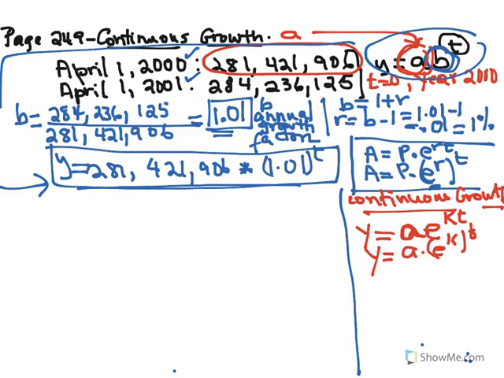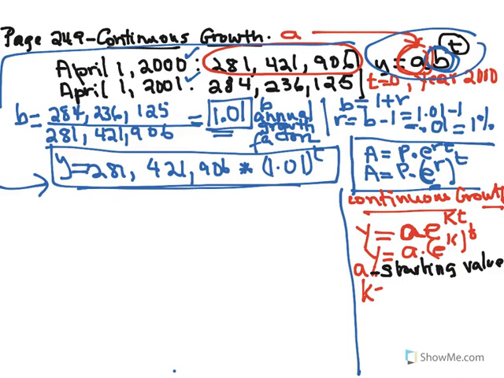Now, who is a? A, again, is my starting value. Let me erase these points right here. Okay, and who is k?